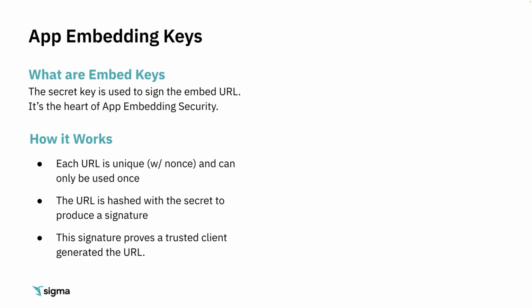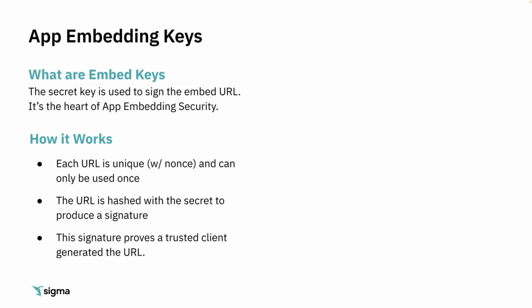And you put it into the URL, and then you use the secret. You generate the secret inside of Sigma, and you keep that secret in a safe location. That's why we call it a secret here. And you're going to run one line of code, which we have in our documentation, to hash the nonce and the URL along with the secret, which generates a signature, and then you sign the URL.